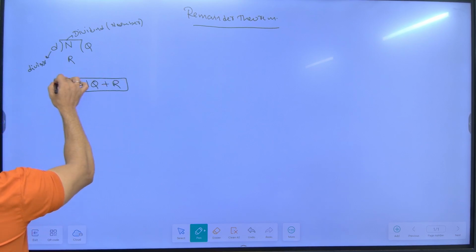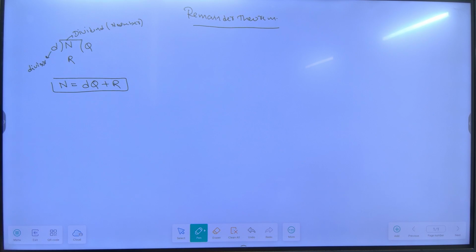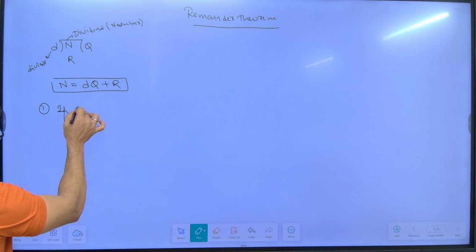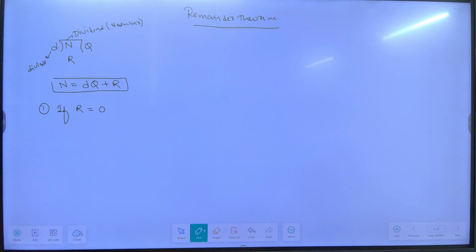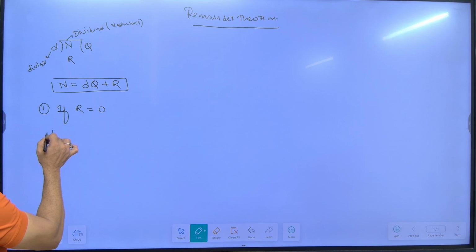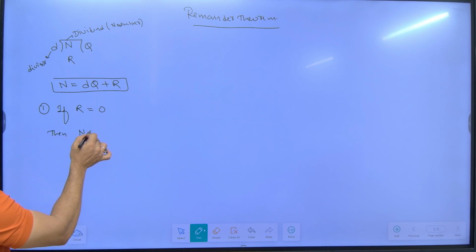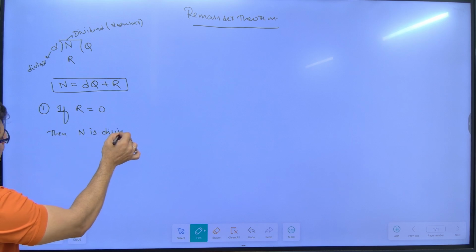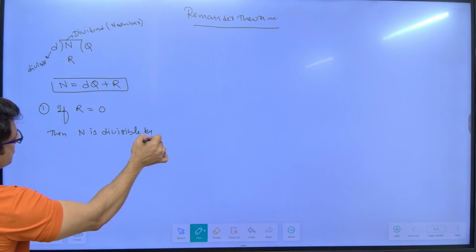This we have learnt in smaller classes, right? Dividend is nothing but divisor into quotient plus remainder. Now, if r is 0, first condition is if your remainder is 0, then n is divisible by divisor.